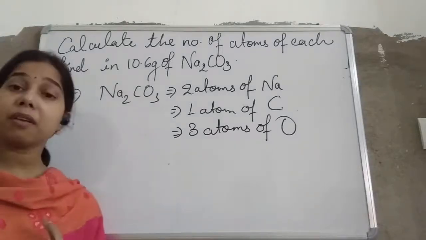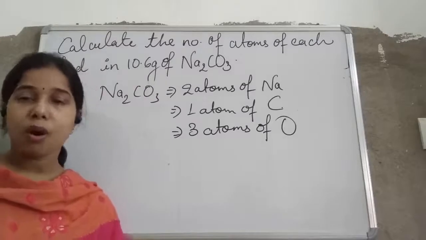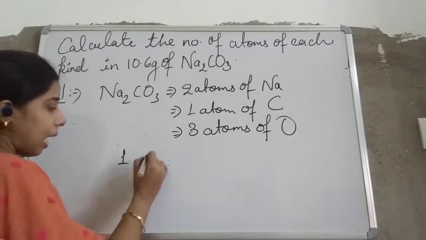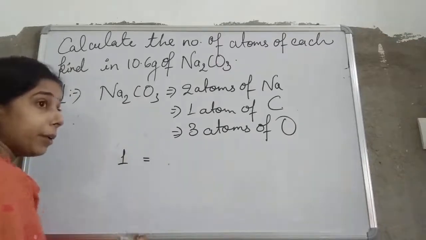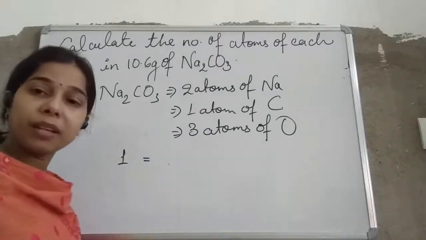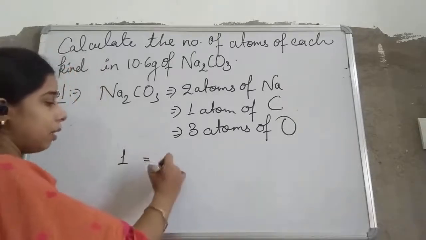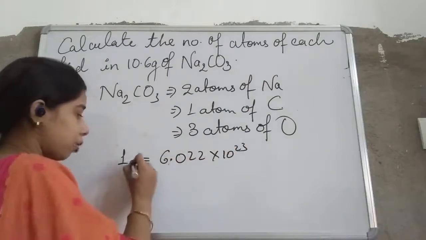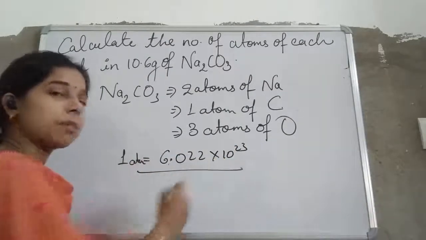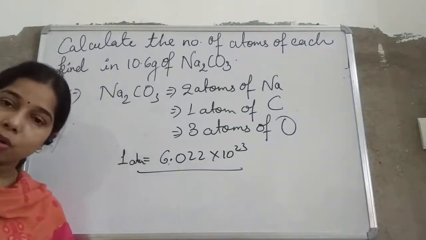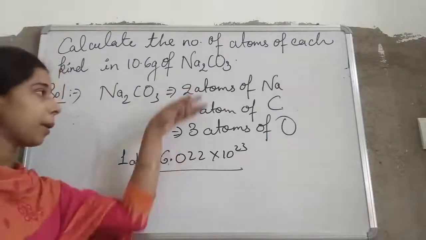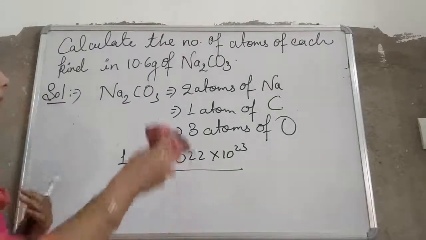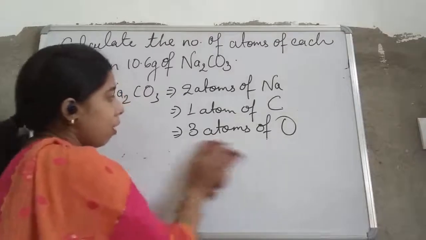We know that 1 mole of an atom, or 1 atom, consists of how many particles? That is equal to 6.022 into 10 the power 23. So 1 mole of atoms consists of this many particles. With the help of this we are able to find the number of atoms of each of these different elements given in the formula.